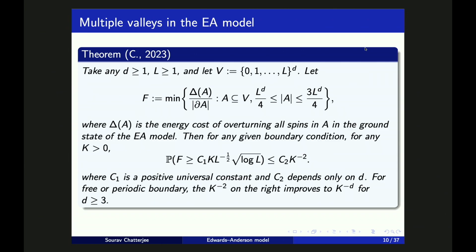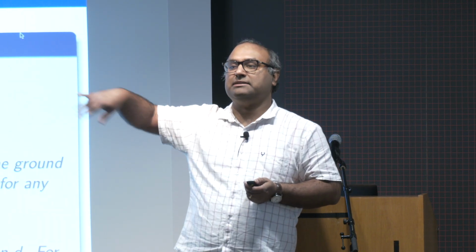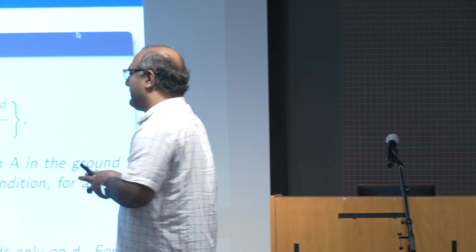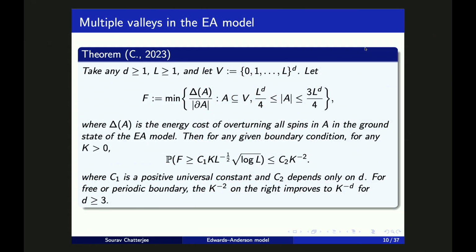So for each region whose volume is between 1/4 and 3/4 of the whole volume of the box, you take this ratio, the cost of overturning all the spins in the ground state in that region divided by the size of the boundary, and take the minimum to find the worst offender, okay? And then you can show that this is actually pretty small.